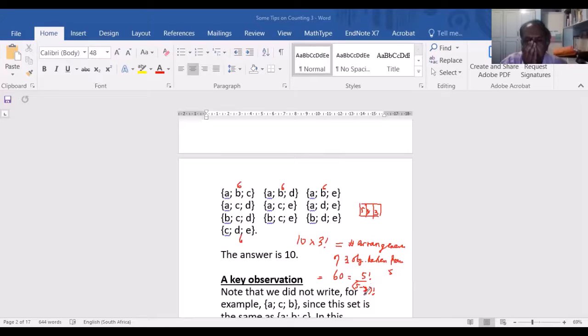Five minus 3. Okay, in that situation, we had the number of arrangements of r objects taken from n objects.